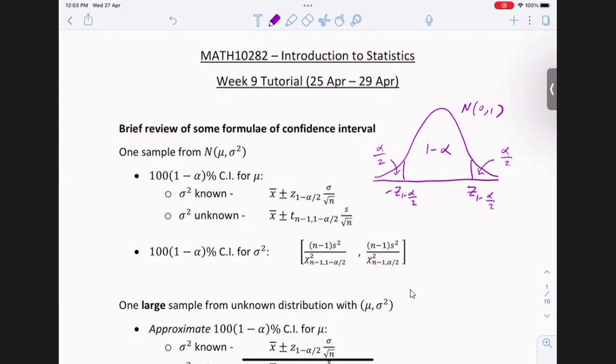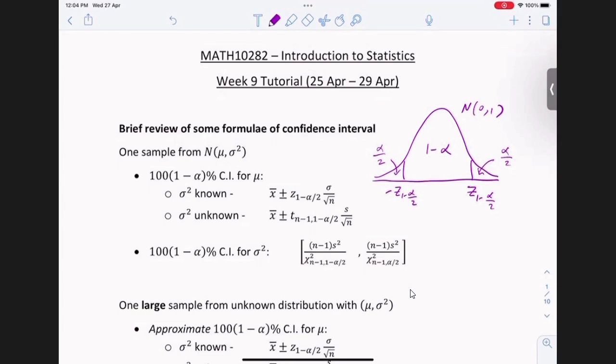Now in case the population variance is unknown, when it is not given, but you have the sample standard deviation, you have the sample variance, then we will replace sigma by S, which is the sample standard deviation. But after we change it into S, we also need to change the quantile. The quantile will be no longer the normal quantile. It will be the quantile from the student t distribution table.